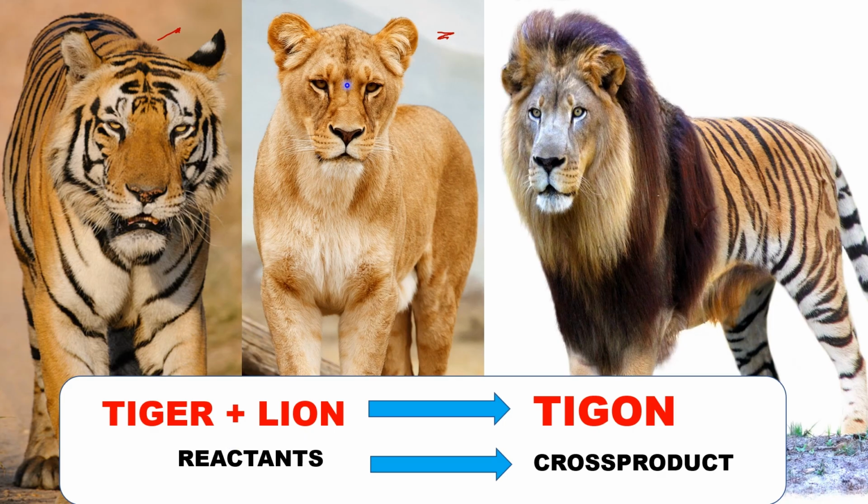It is not a liger, and it is a female lion. The male tiger and female lion give the tigon, the cross product. You can consider the tiger and lion as reactants, and the crossover product is different from the reactants.